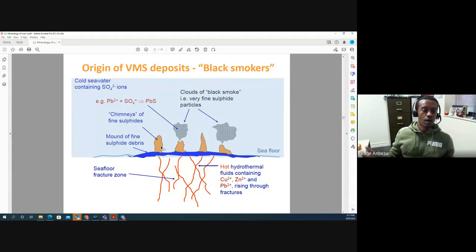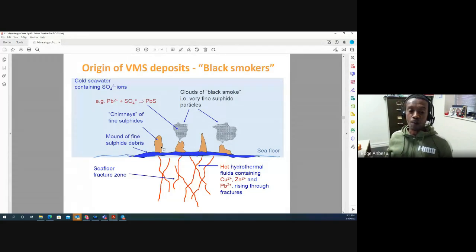So if this was to happen over millions of years, you would actually have a proper deposit of very fine sulfide accumulating under the sea. Okay, so obviously this process happened many, many years ago. So what you find as land now might have been the sea retreating, and therefore now it's exposing those deposits that were actually produced millions of years ago.